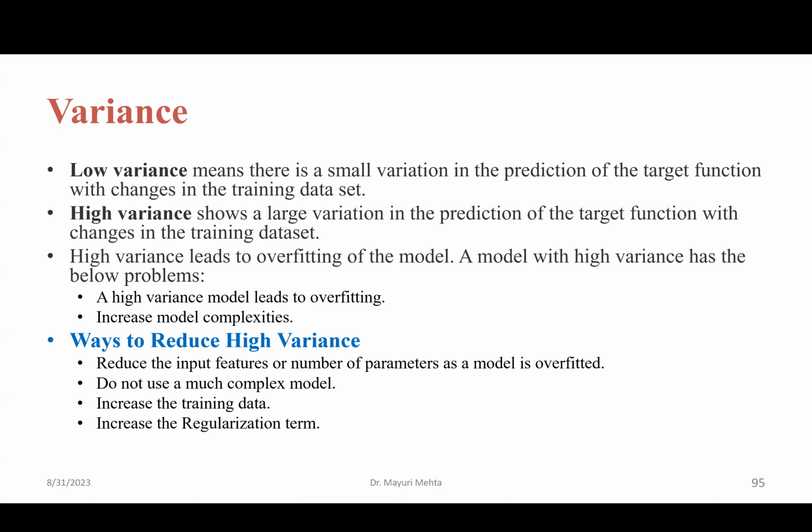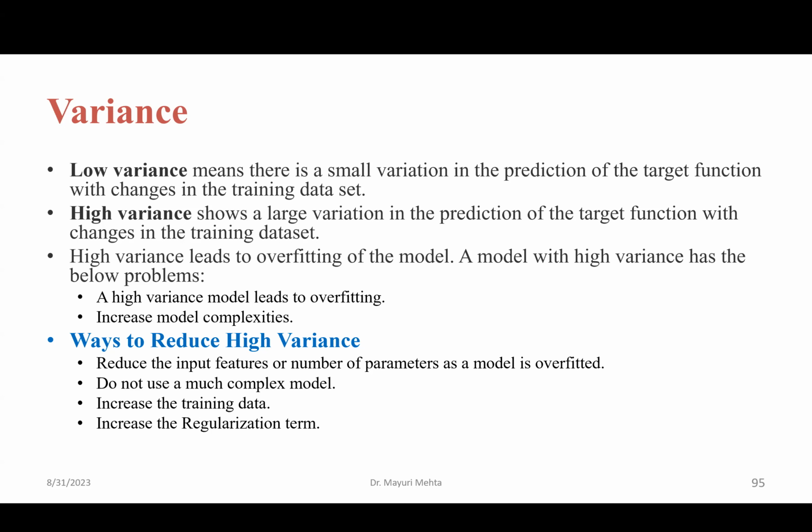Before we discuss the ways to reduce high variance, let me give you examples of models which show low variance and high variance. Linear regression, logistic regression, linear discriminant analysis show low variance, while decision tree, support vector machine, k nearest neighbor show high variance.